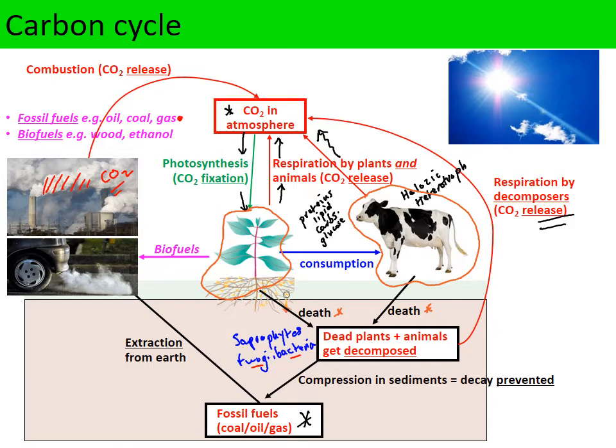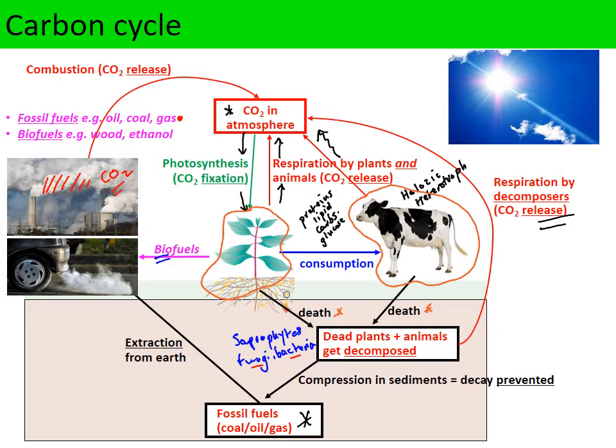Now another type of fuel is called a biofuel, and this is thought to be more environmentally friendly because, for example, plant material can be fermented in the presence of yeast in the lack of oxygen, like we said on the previous slide.